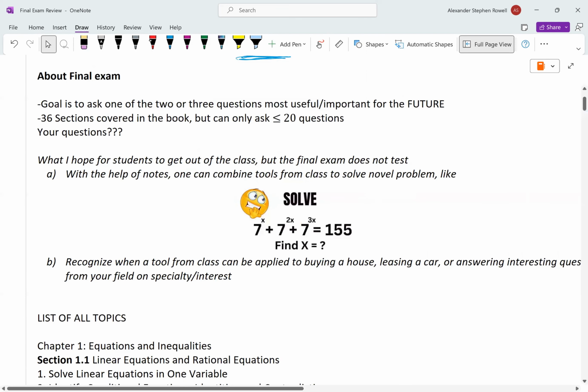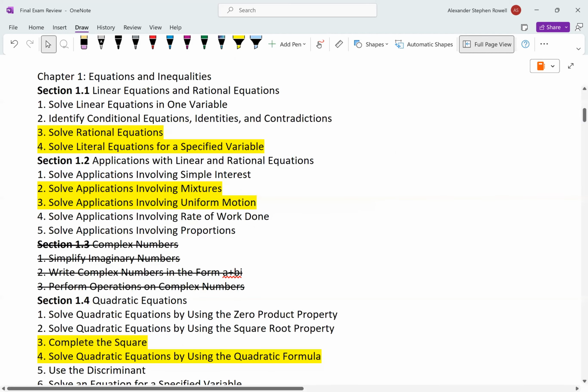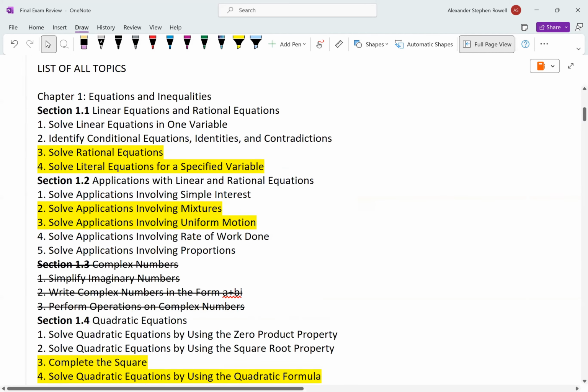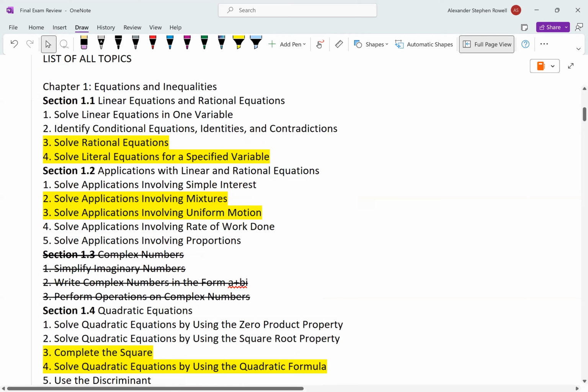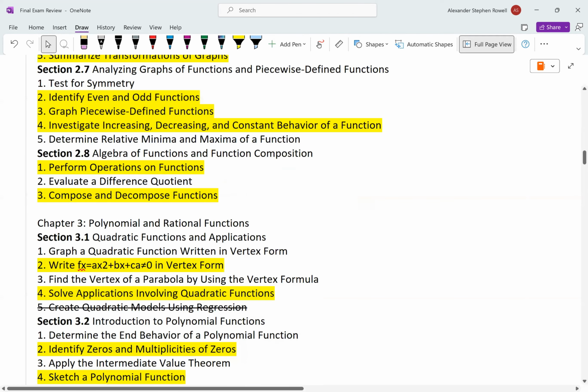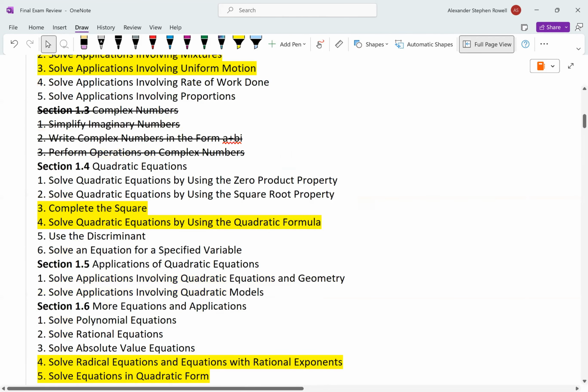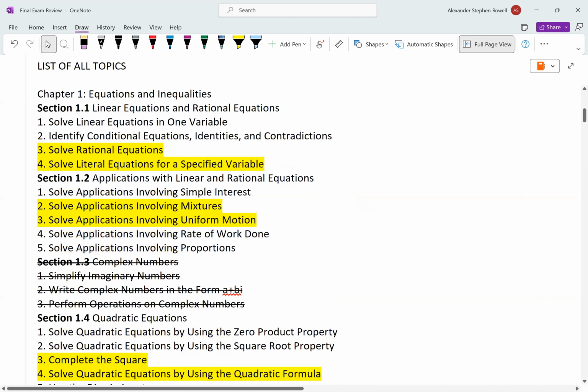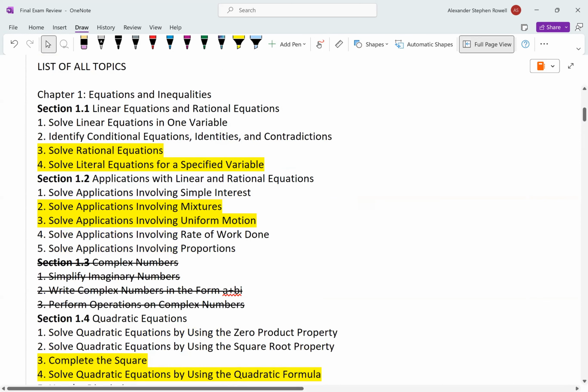There are 36 sections we covered in the book, but I can only ask about 20 questions or less. So I wanted to narrow down the search a little bit. I've put a list of all the topics we covered in each section. It's a ton, so I've highlighted in yellow the ones that I'm going to pull from.